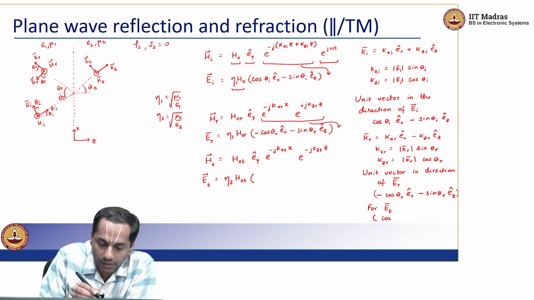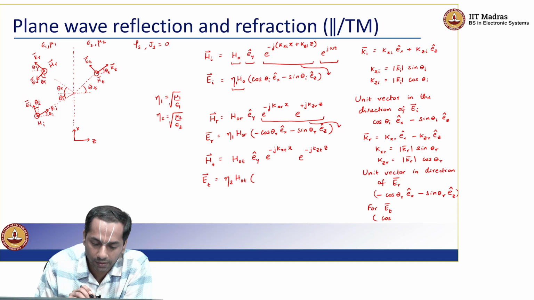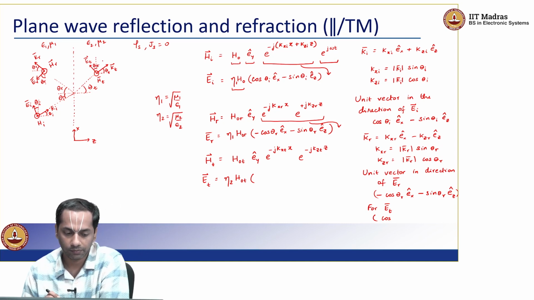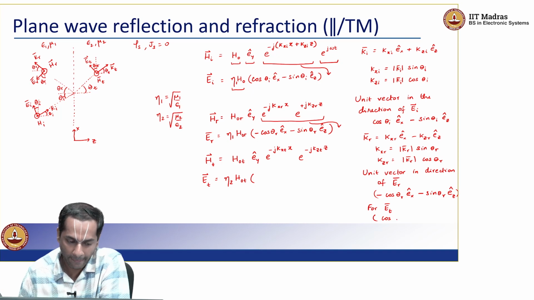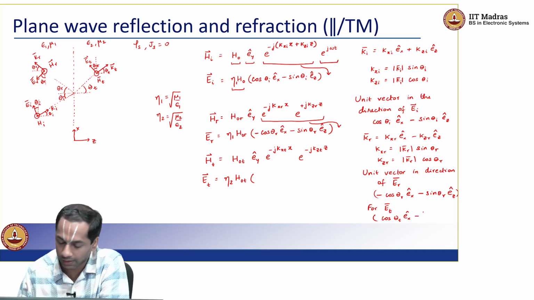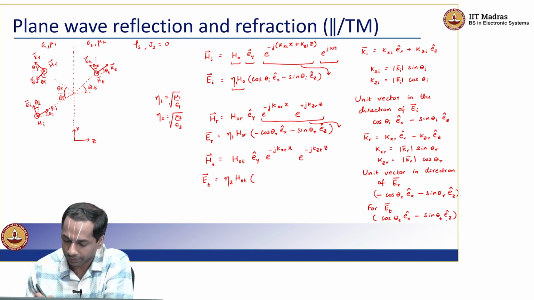So, let us draw the angles. We have this being theta t, and this angle is also theta t. So, we have cos theta t Ex and minus sin theta t Ez.